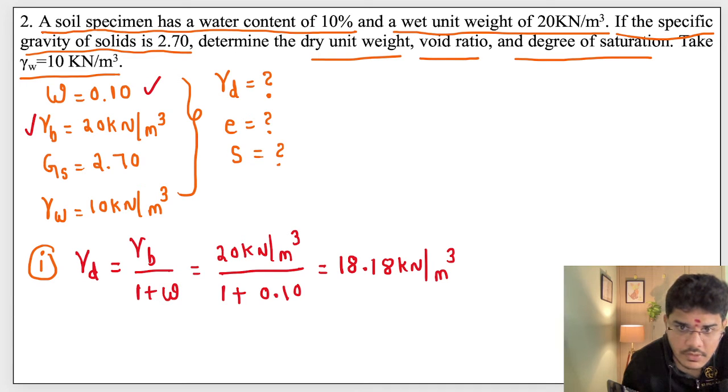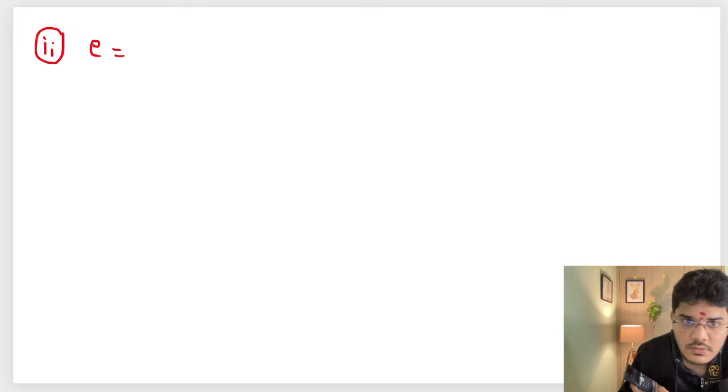So if you know the value of gamma D, then e can be calculated. Because we have the relation, I am directly writing e is equal to G gamma W by gamma D minus 1.